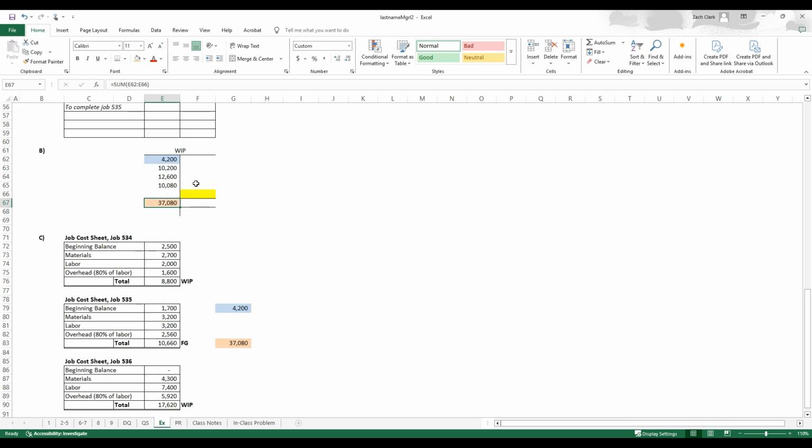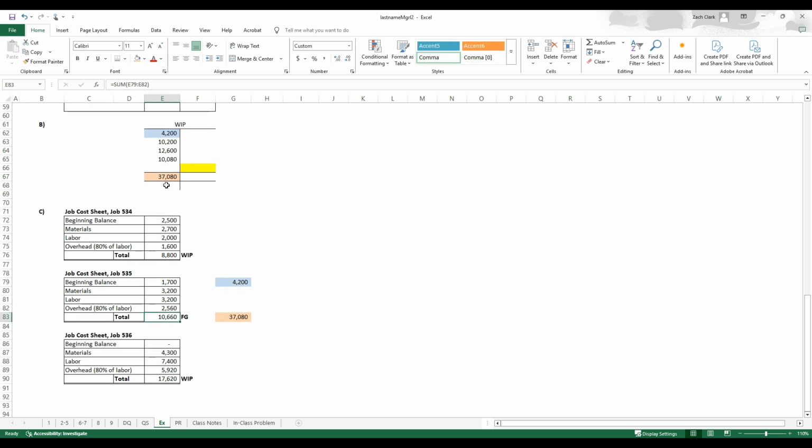So we're preparing as we go, but all these systems are connected, essentially, is the idea I want to get across. So this 10,660, which we just proved is a part of the 37,080, which includes these 3 jobs, right? This WIP account has 3 jobs inside of it, all in work in progress. We want to move 10,660 out because we finished that job.